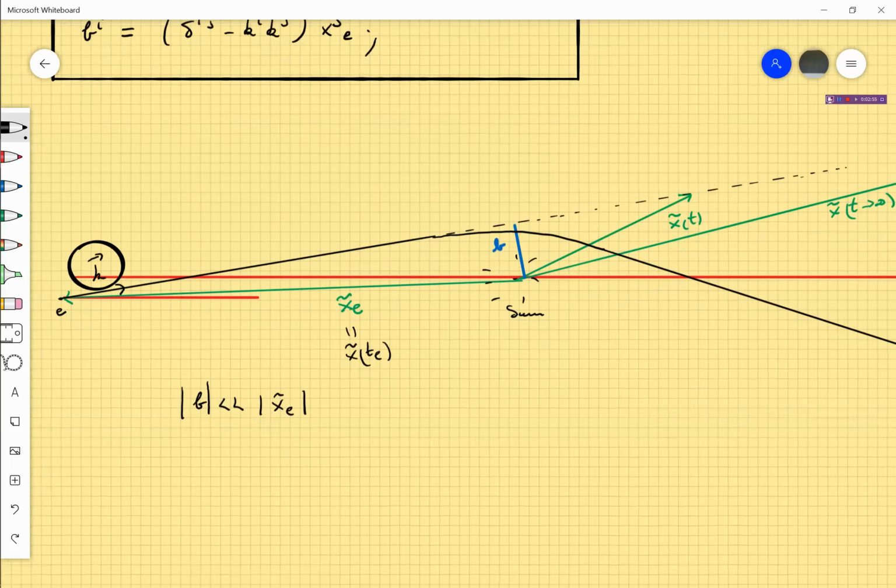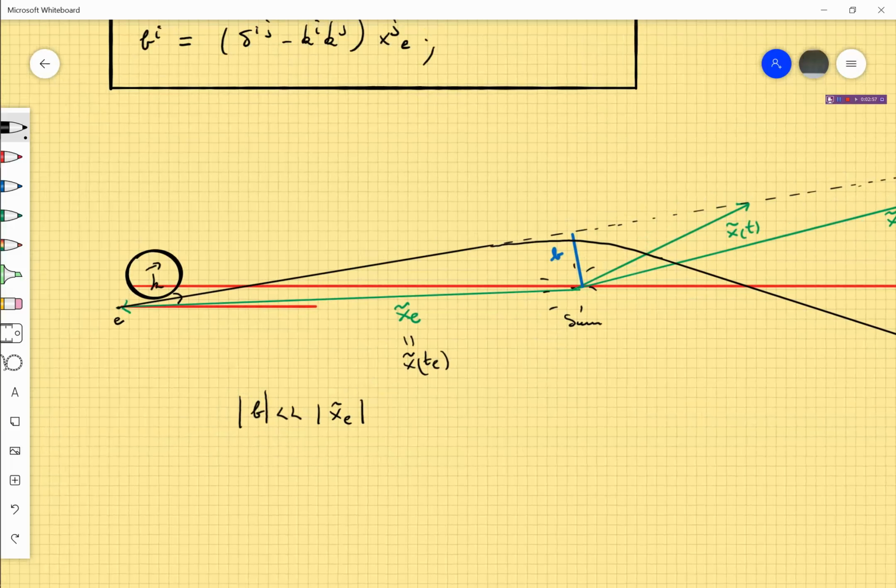So this is the general situation, and now we are going to define an angle, the angle phi of t. This is an angle that changes with time, and it is the angle that x tilde and k have. So the cosine of phi of t is just the scalar product of x tilde and k divided by the norm of x tilde. Remember that the absolute value of k is 1 to the order of approximation in which we are working.